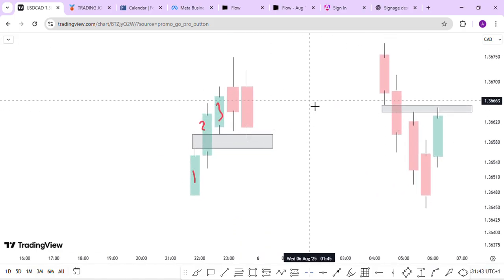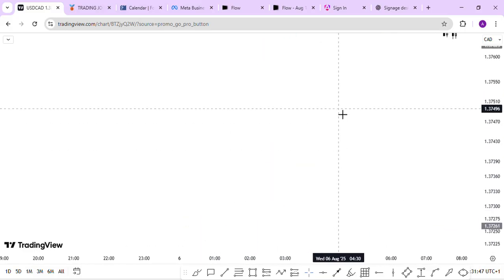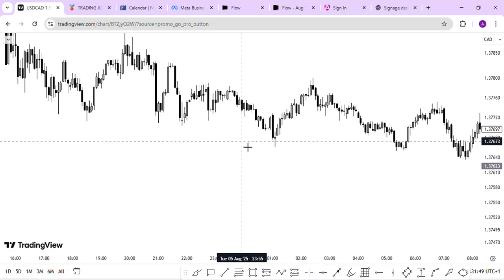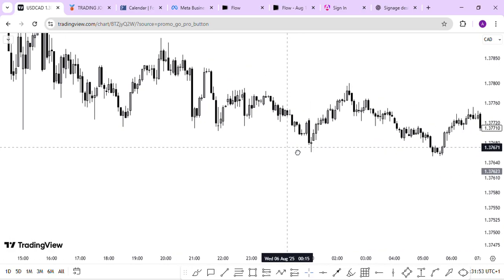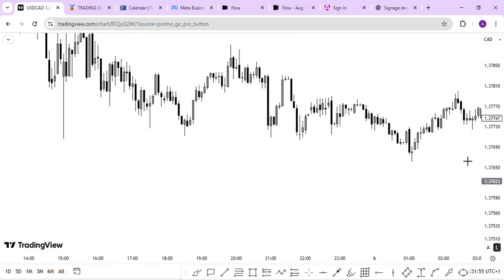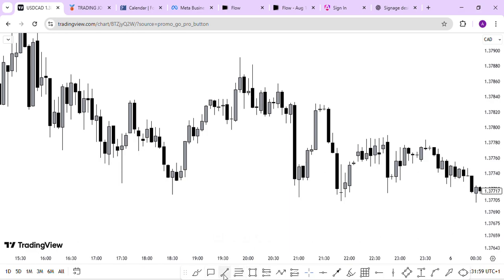So let me show you on the chart, and maybe it will make it clearer. Look at this situation now. You can see we have this first candle printed here. The market is going up.